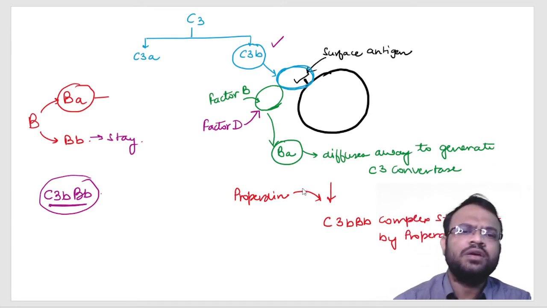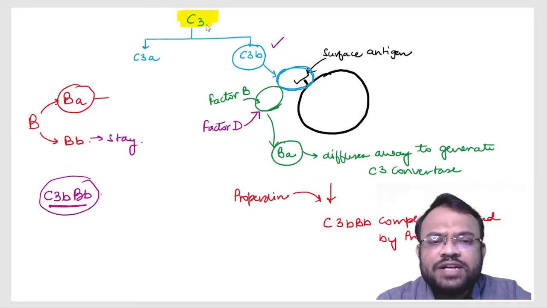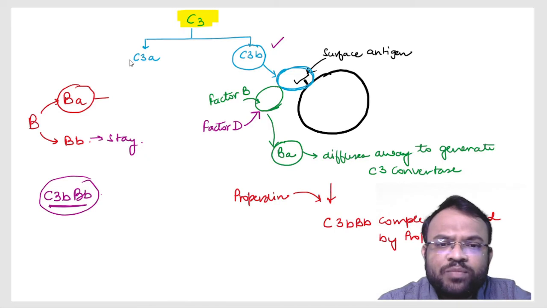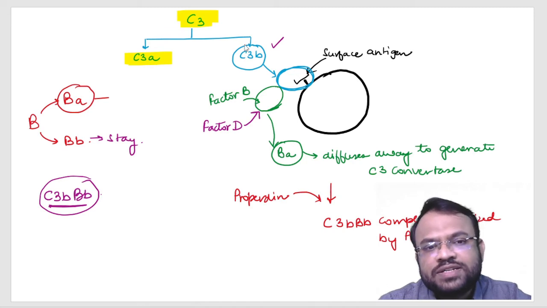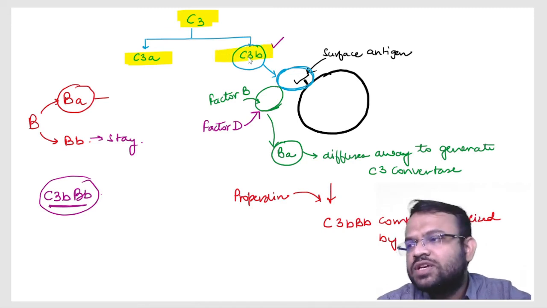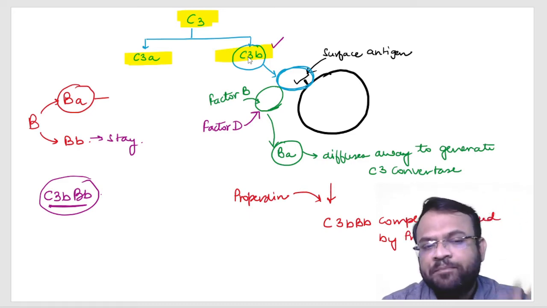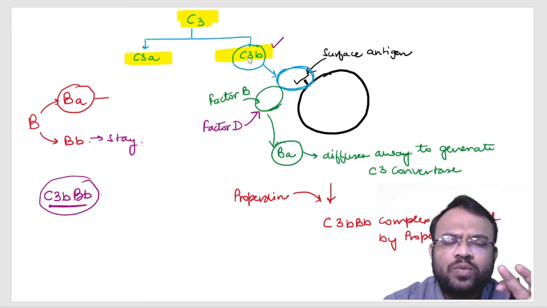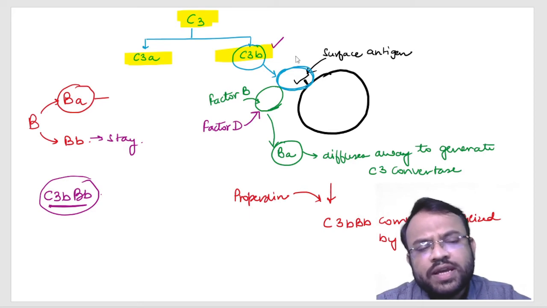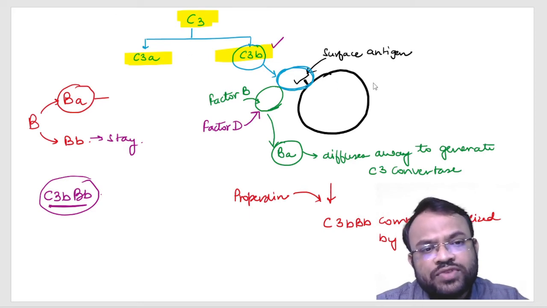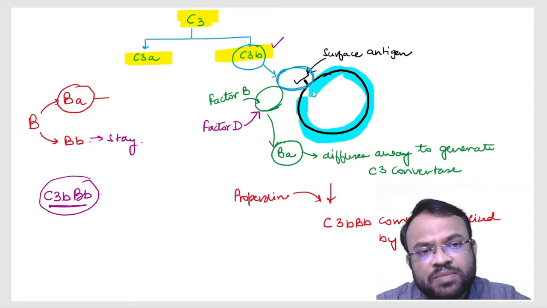activated. Over here you can see that C3 is present. Remember that C3 can automatically get broken in a very small quantity into its two parts, C3a and C3b. So C3b can bind to some of the surface antigens present on the pathogens.